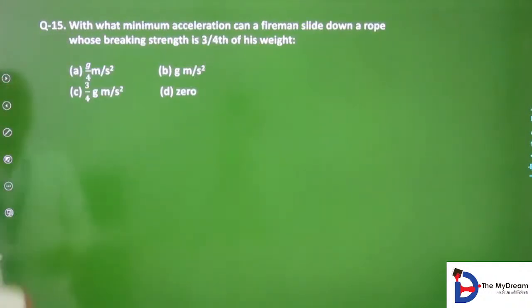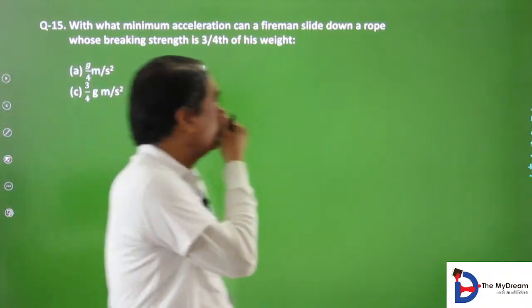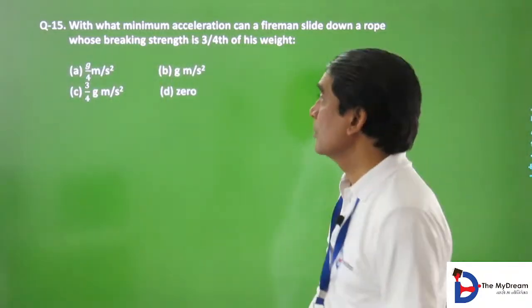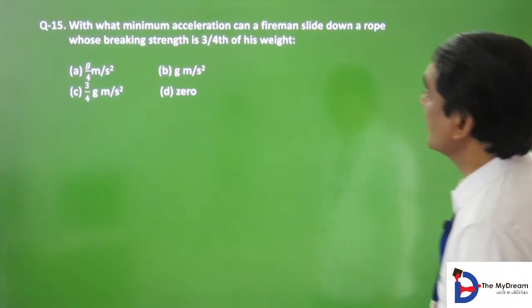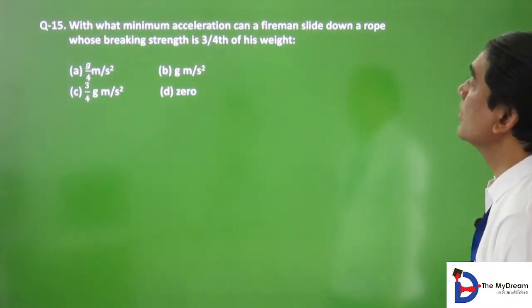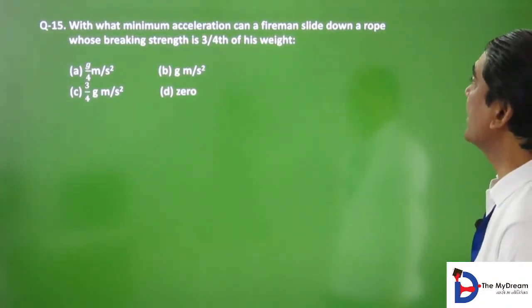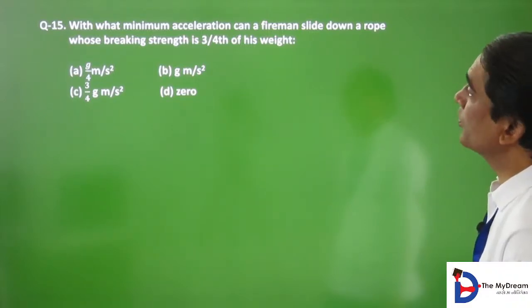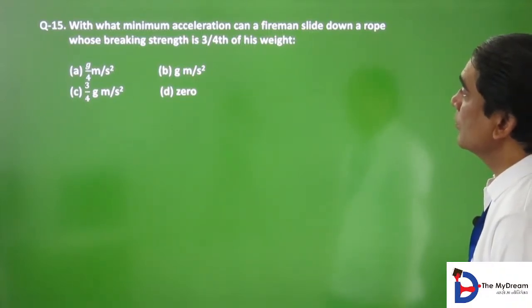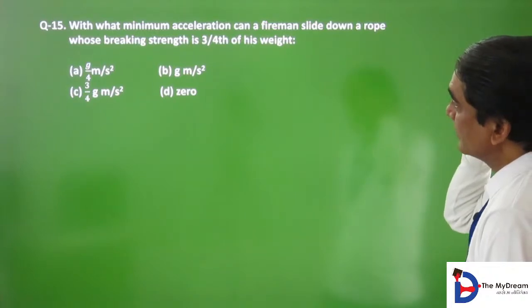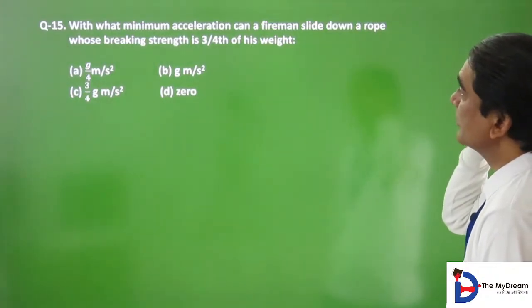So now next question. With what minimum acceleration can a fireman slide down a rope whose breaking strength is 3/4 of its weight?